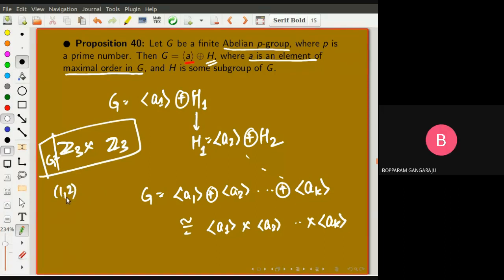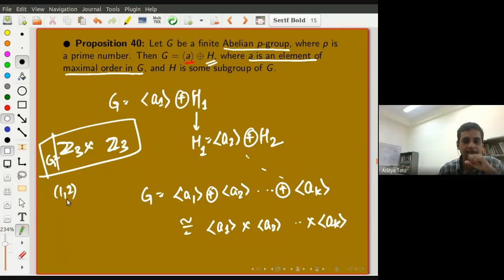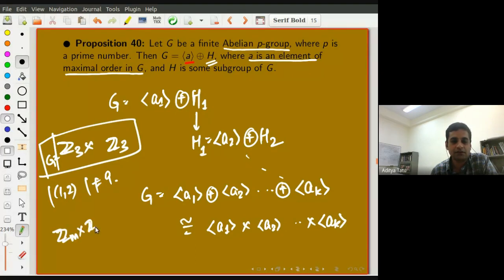Order is 3. Okay, so the order of this is not 9. In fact, there was this theorem that said that Zm cross Zn is isomorphic to Zmn if and only if gcd(m, n) is 1.